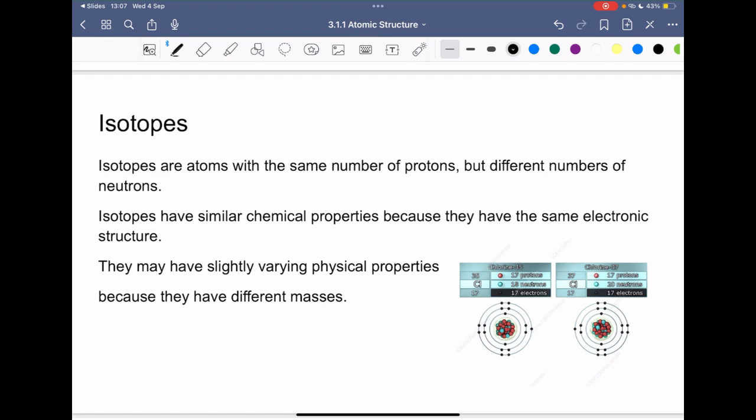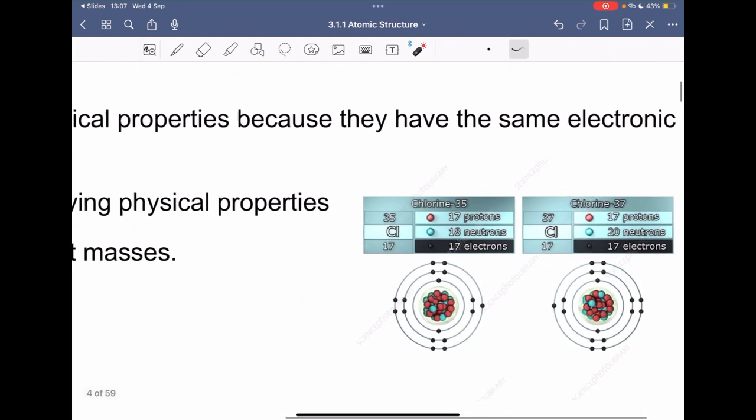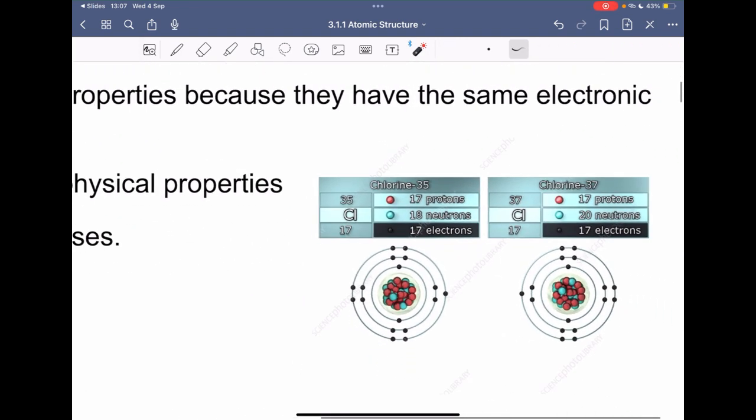Isotopes are atoms with the same number of protons but different numbers of neutrons. So, for example here, these two isotopes have the same number of protons, but they have different numbers of neutrons. Now, the fact that they have the same number of protons, which is 17, is the reason why they're both chlorine.